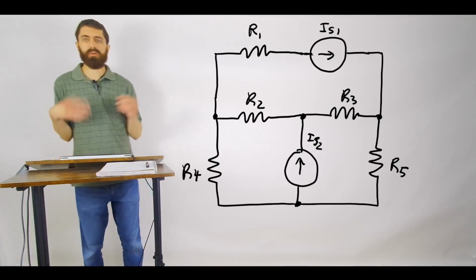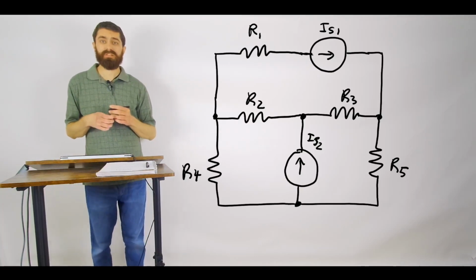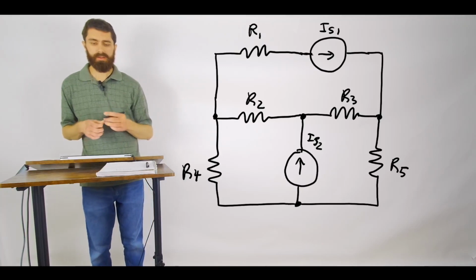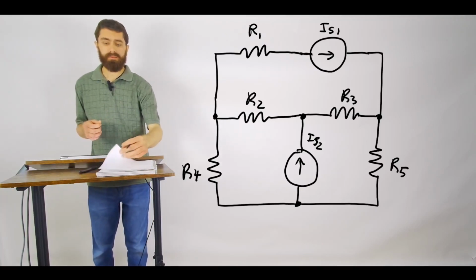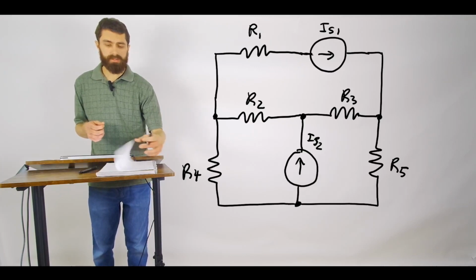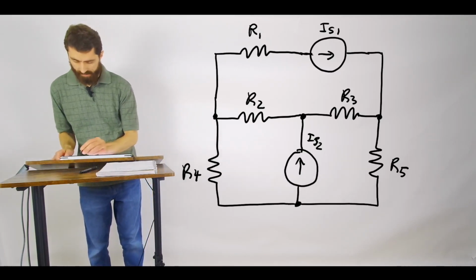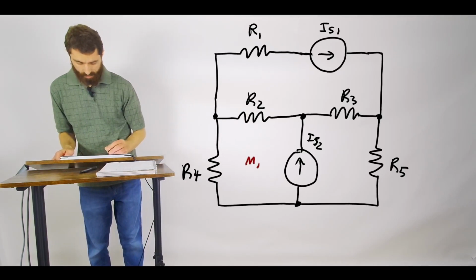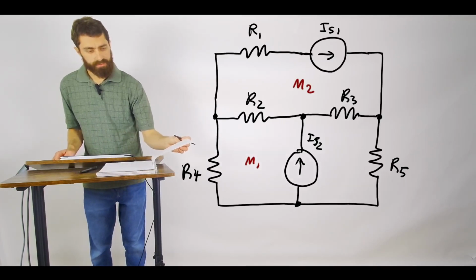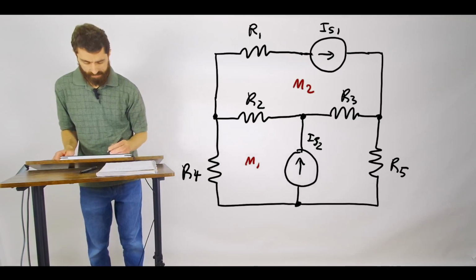So let's go through the whole mesh analysis process again. So step one is to go ahead and identify your meshes. So I identified this as mesh 1. This was mesh 3, and then mesh 2 over here.